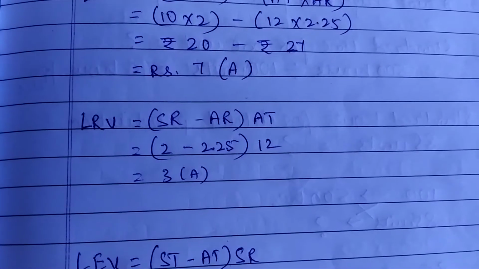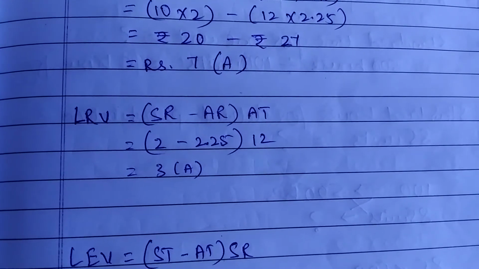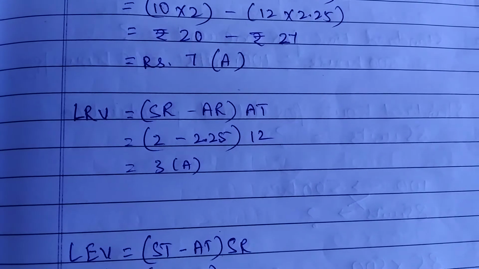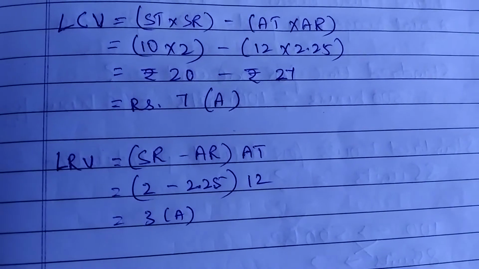Now we will go through the rate variance, the labor rate variance. When it is with the rate, it is the standard rate minus the actual rate into the actual time. Don't make any mistake while writing the formula.